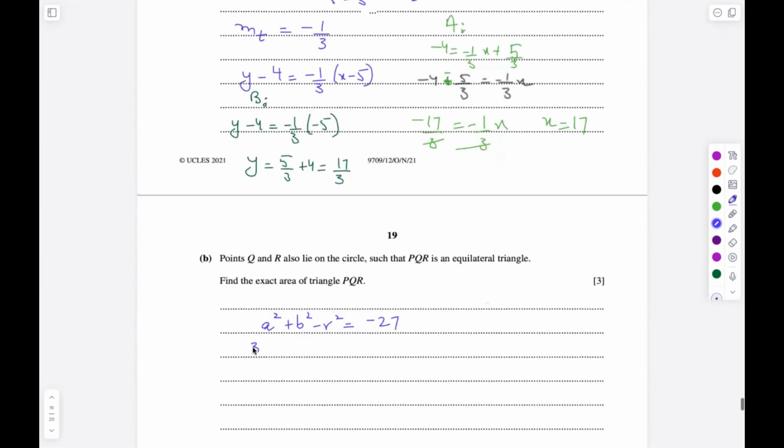So this will become 3 squared plus (minus 2) whole squared minus r squared equals minus 27. So this will become 9 plus 4. And then we can bring the 27 on this side. This will become plus 27 equals r squared. So r squared is 27 plus 13, which is 40. So the radius will be the square root of 40.